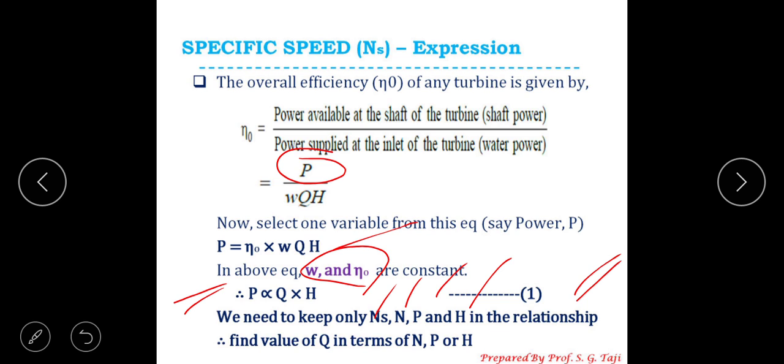For example, I am making you understand the concept. P and H are observed in equation 1, whereas Q is not P or H or N. That's why Q is to be converted in terms of N, P and H. Therefore, find the value of Q in terms of N, P, H.